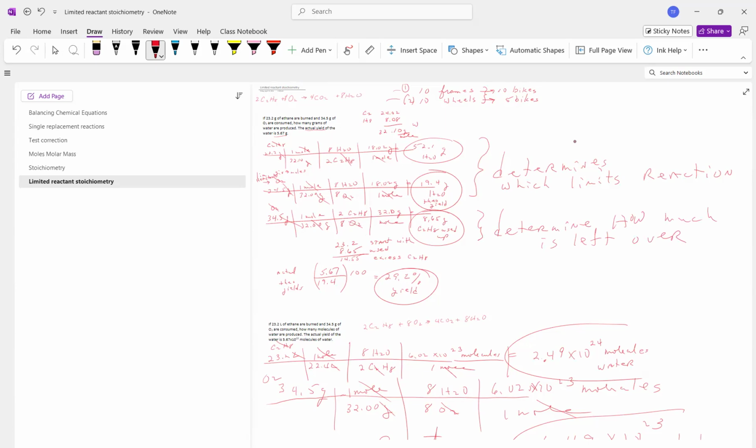So there is none left. It's totally consumed. So if it's totally consumed, we have excess, and how much is that? Okay, so we need to determine how much of the other stuff is needed to burn the limiting reagent's oxygen. That's what the third calculation is for. Then this one here determines the actual excess.